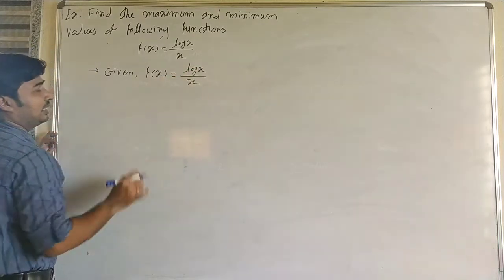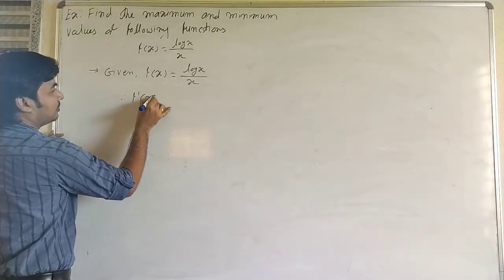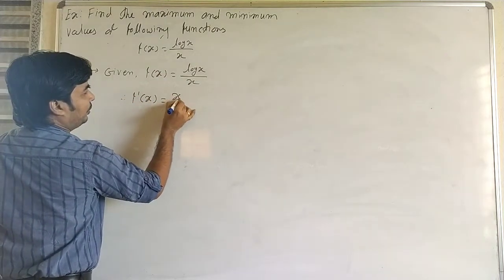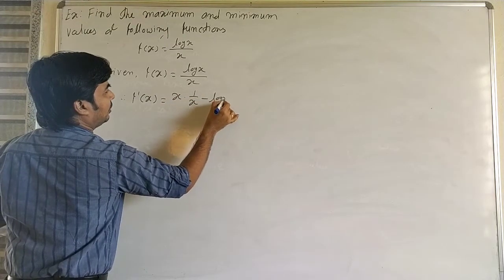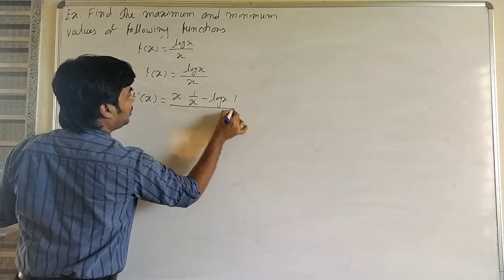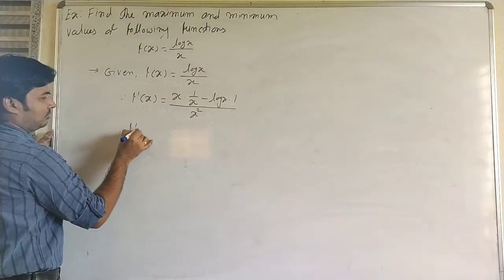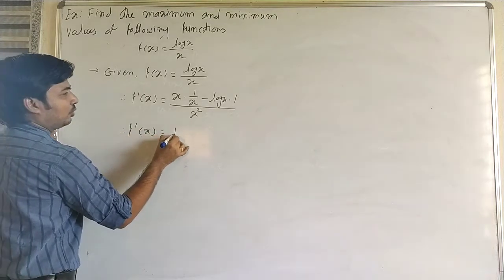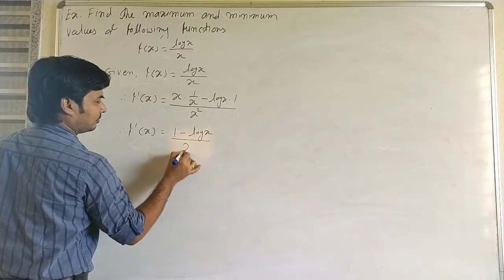Now we find the derivative by using u by v. Therefore f dash of x is equal to v into derivative of u minus u into derivative of v, upon v square. Therefore f dash of x is equal to 1 minus log x upon x square.